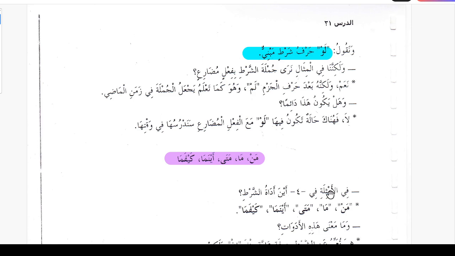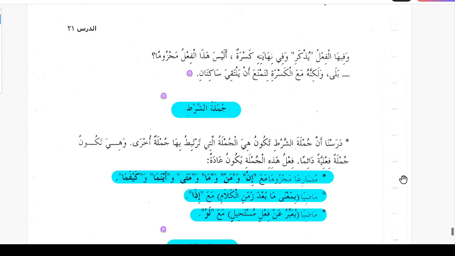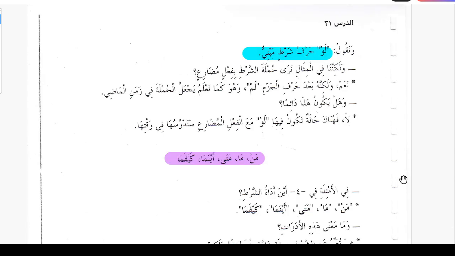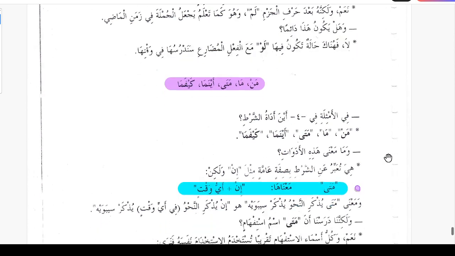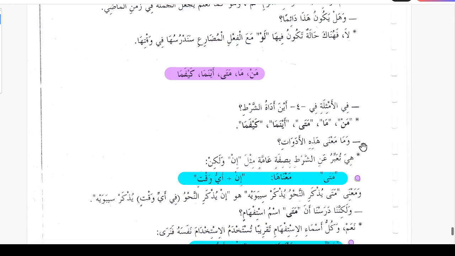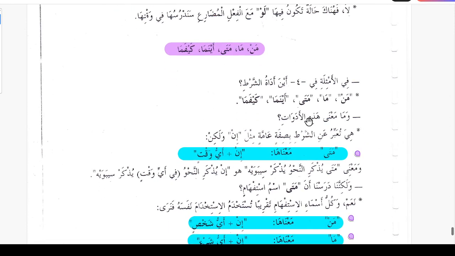Where is the tool of the shart? We have seen that it is mata. So mata works the same way as man, ma, aina ma, kaifa ma. What is the meaning of these tools?